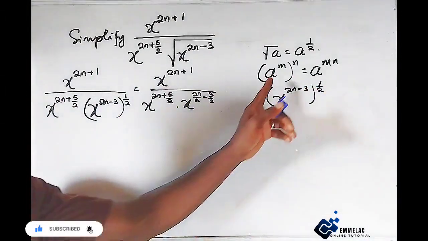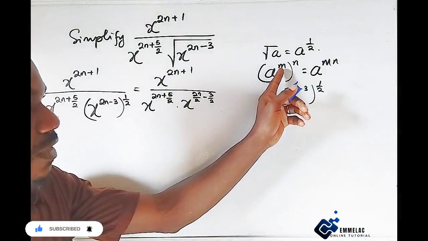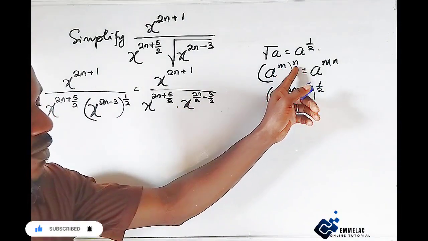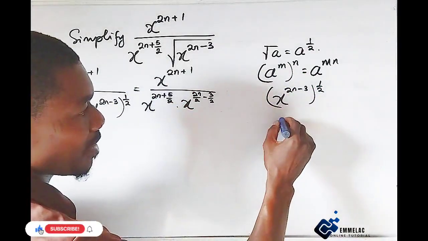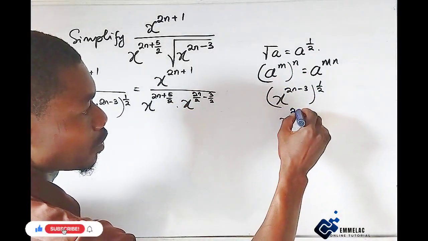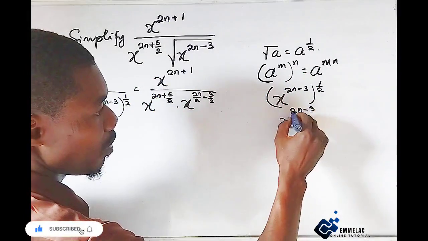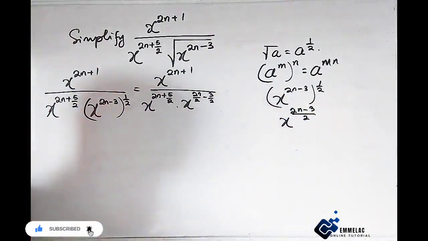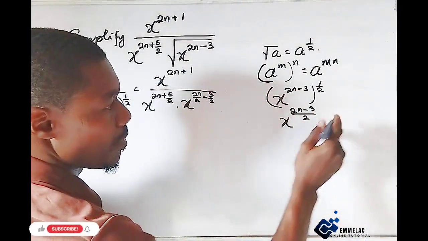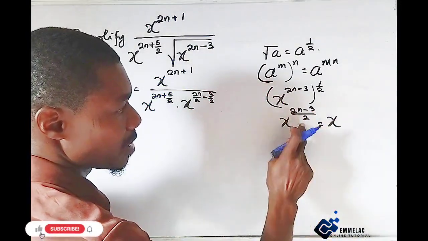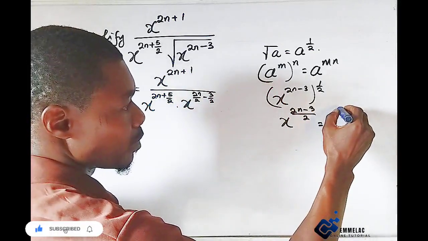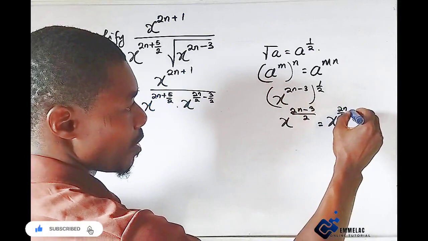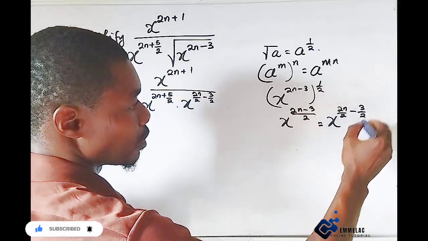Ideally we are meant to multiply the exponent in the bracket and that of the outside. So if we multiply this, we have x raised to the power of 2n minus 3 all over 2. Since it has a common denominator, we can split it this way: 2n all over 2 minus 3 all over 2.